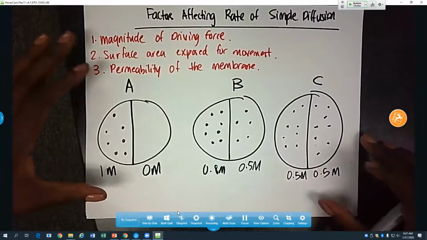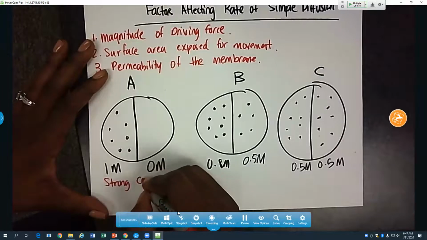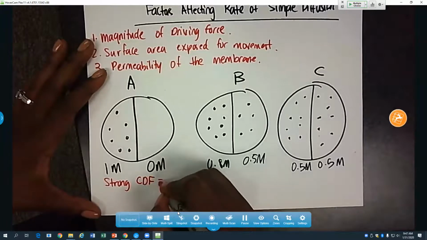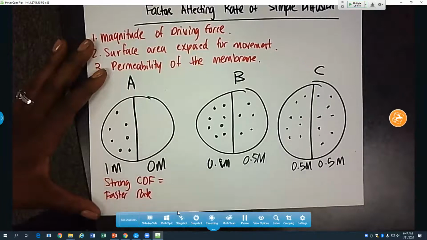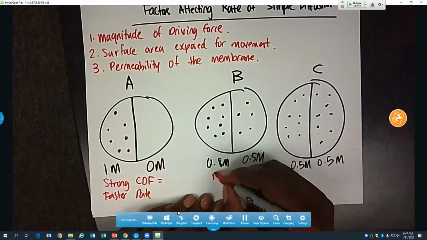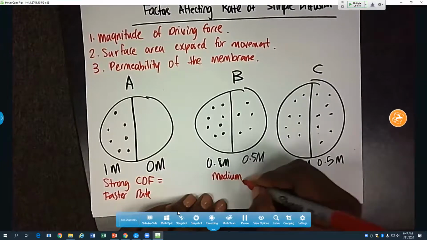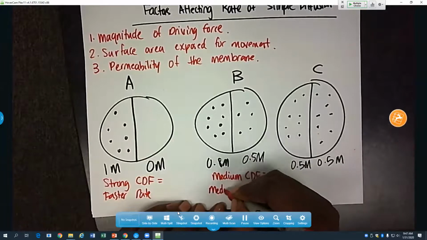Scenario A, yeah. So in scenario A, we're going to see a strong chemical driving force, which equals a faster rate of movement. Okay. In scenario B, we're going to see a medium driving force, which equals a medium rate.